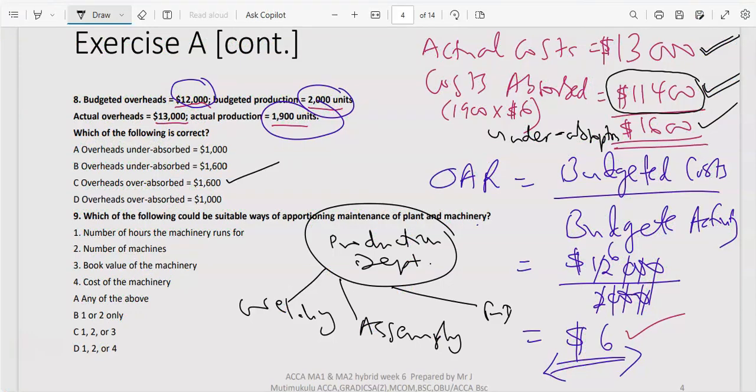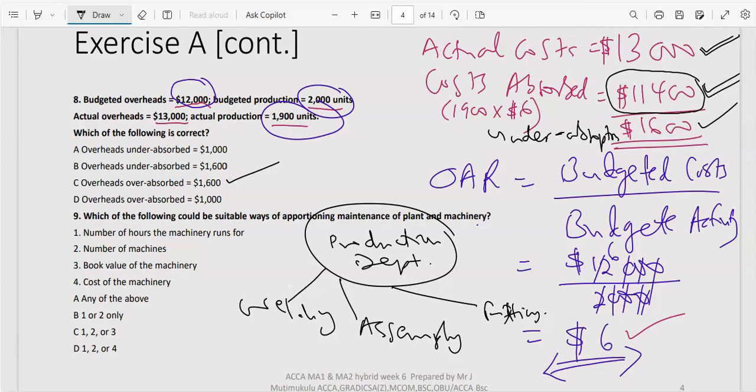Those would be sub departments. All right, but now the question that comes is, in this production department, we can allocate the entire cost of repairs or maintenance.